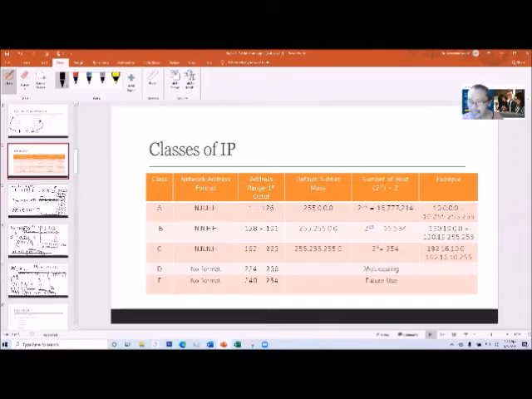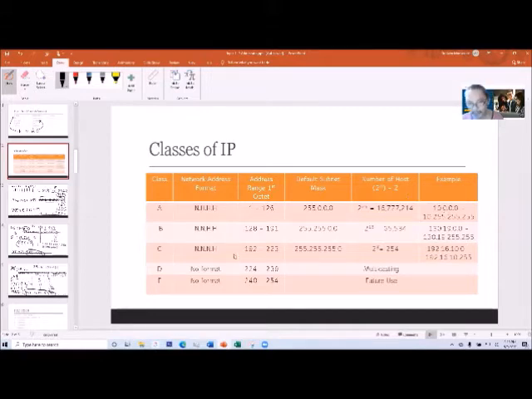So that's why it is 130.19.1.0, 130.19.2.0, until such time that the third octet reaches 255. So 2.0, 3.0, 4.0, until you exhaust all the zeros here to become 255. If it reached 130.19.255.255, that will be the last part of your IP address, and we call that the broadcast.